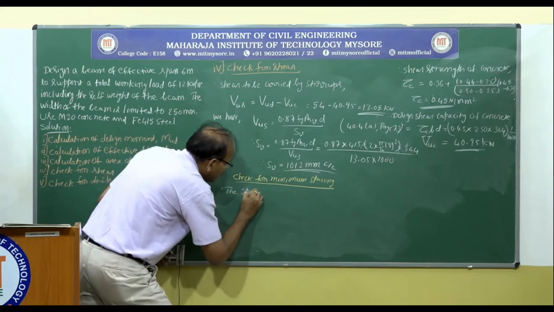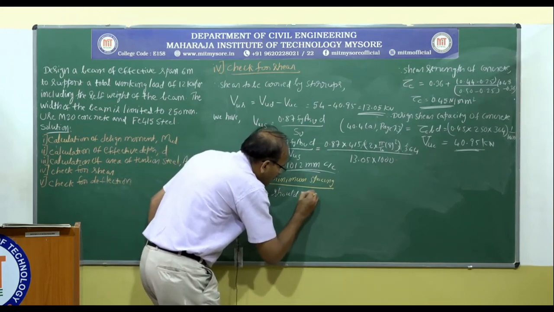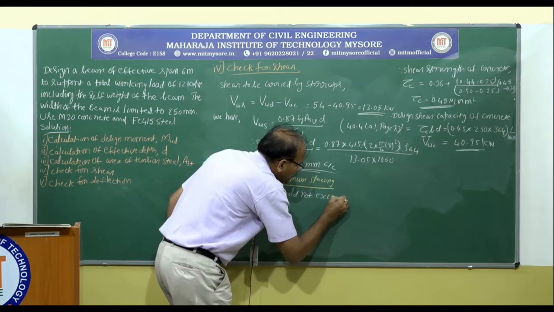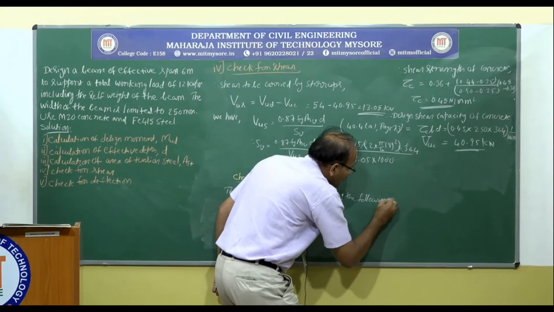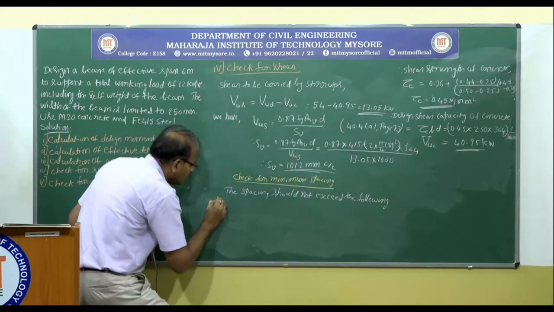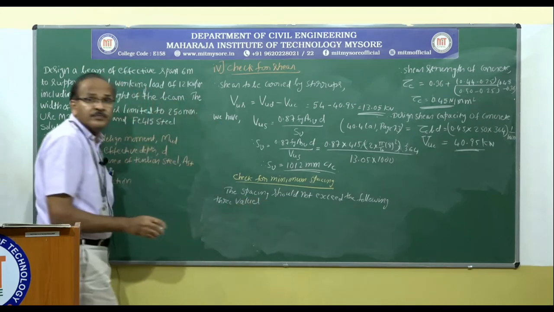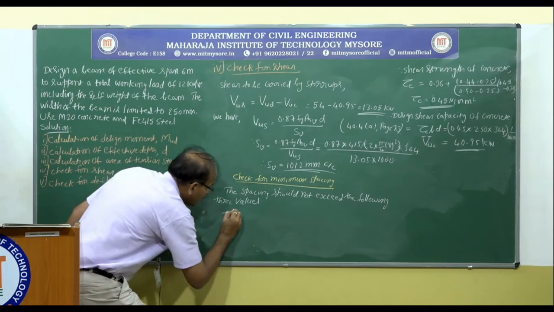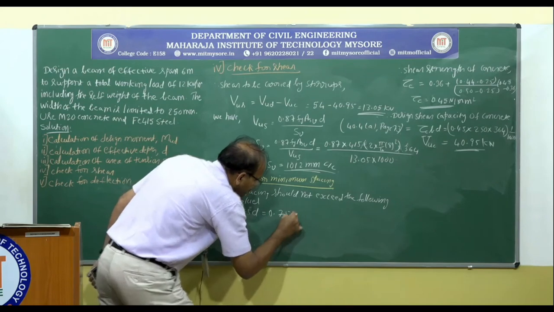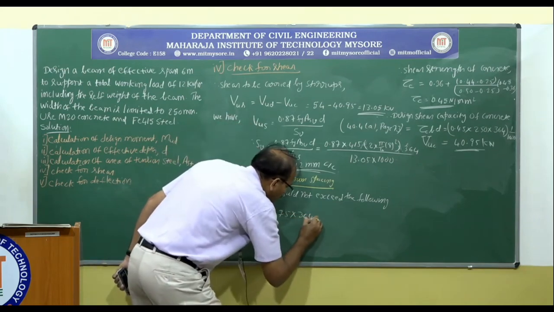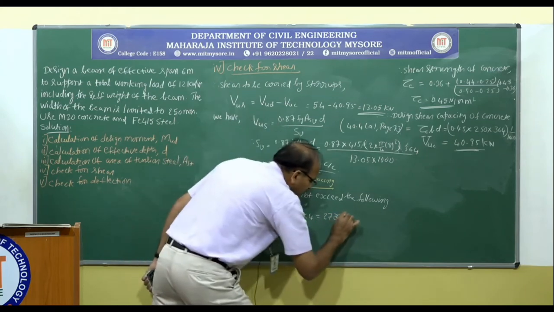the spacing should not exceed the following three values. Okay, what is that value? 0.75D, that is equal to 0.75 times D is 364, that is equal to 273 millimeter center to center.